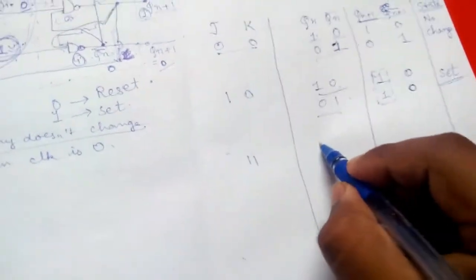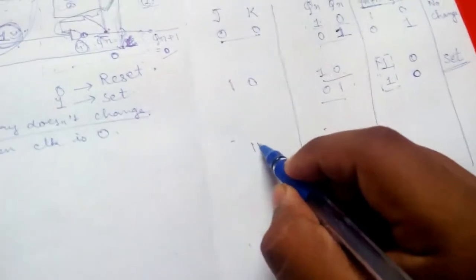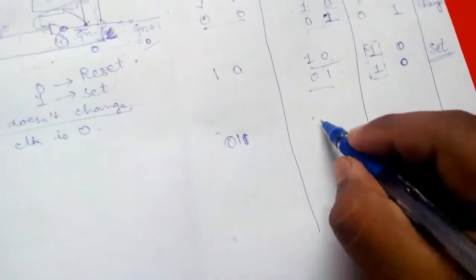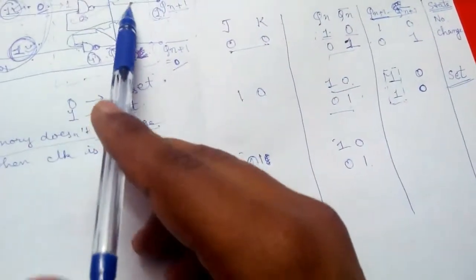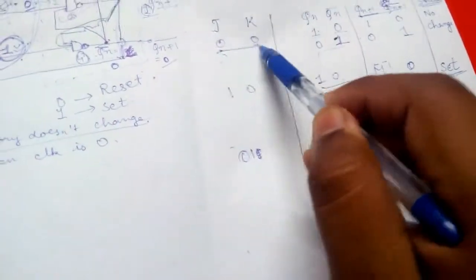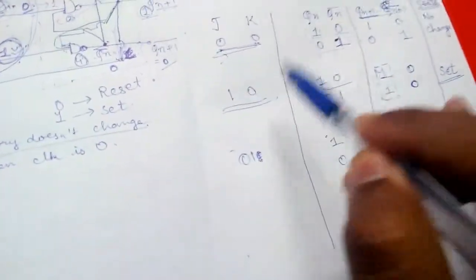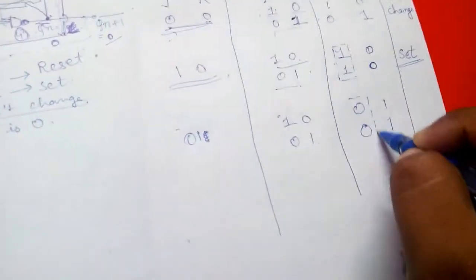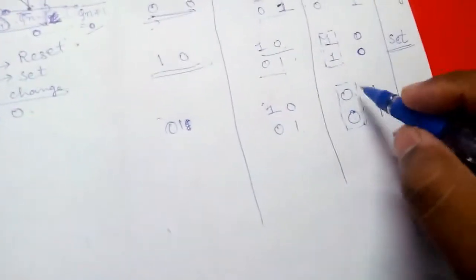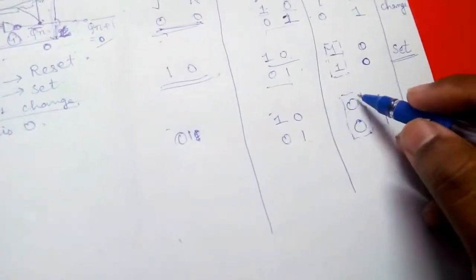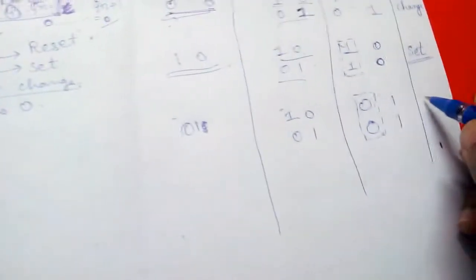For the input of 1, 0, 1, two possibilities, we can continue with similar steps as we have done for 0, 0 and 1, 0. The output would be 0, 1 and 0, 1. Qn plus 1 would be 0, 0. If both the conditions are 0, 0, then it is called reset condition.